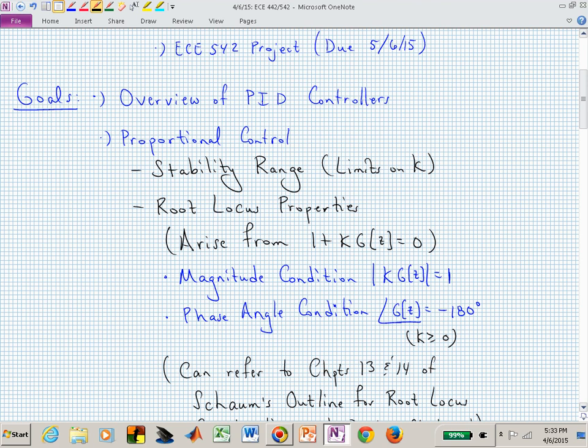Those two conditions, the magnitude condition and the phase angle condition, are what you use to derive all of the root loci construction techniques. And if you understand how these roots move around in the complex z-plane, that's a powerful strategy for designing controllers. And we will try to illustrate what you can do.